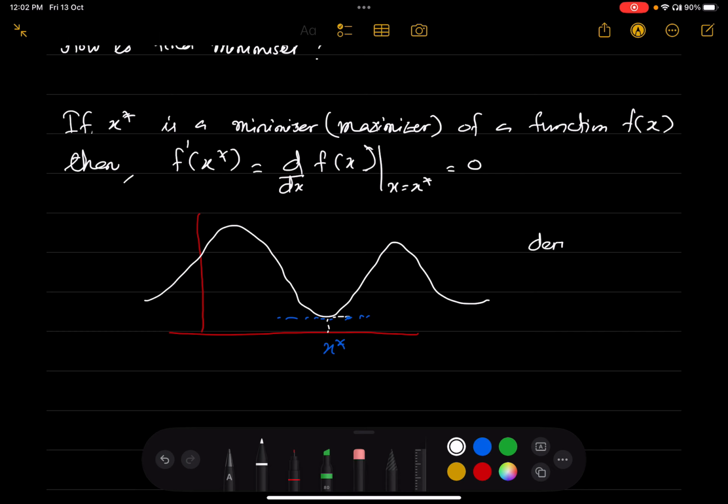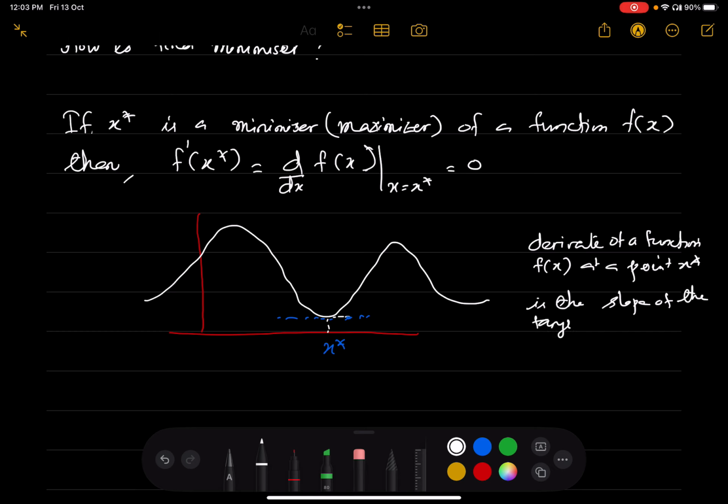Let's write this down. The derivative of a function f of x at a point x star is the slope of the tangent to the function at x equal to x star.